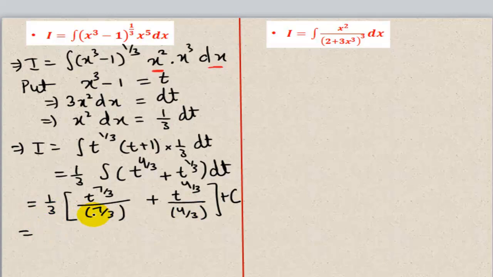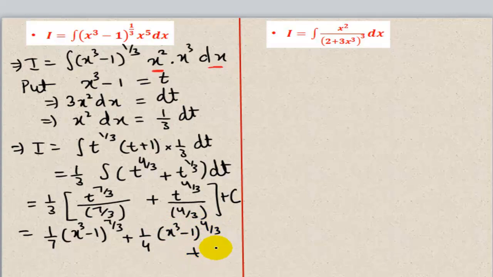So what are we left with? This term reduces to 1 by 7, and replacing t by its value, which is x cube minus 1, we get x cube minus 1 with an exponent 7 by 3. And the next part will be 1/4 of x cube minus 1 with the exponent 4 by 3, and constant of integration.